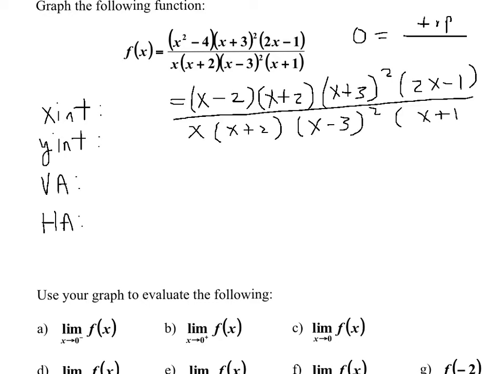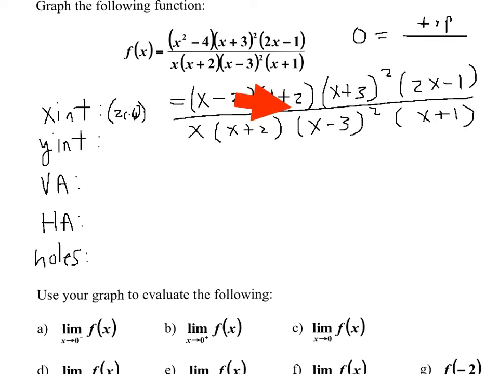Okay, now there's one more piece here that we can look for: holes. Sometimes there's holes in a graph. I noticed there was one here, so I've got to put that in there. Sometimes there's not. Okay, so when is this top 0? Well, it's 0 at 2. So (2, 0) is on my graph. And now -2, I can see there's a hole here.